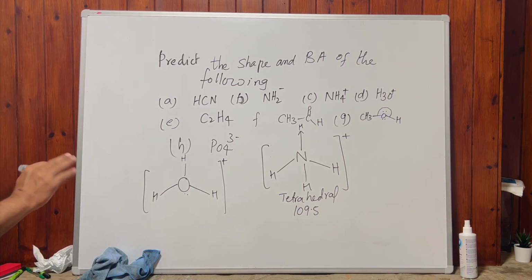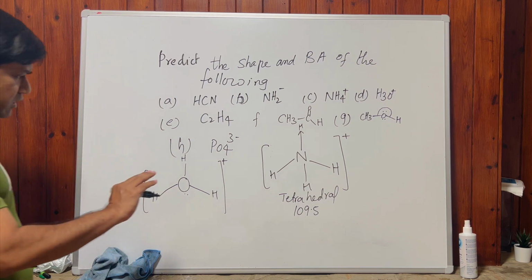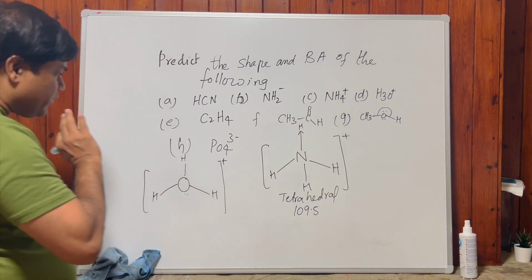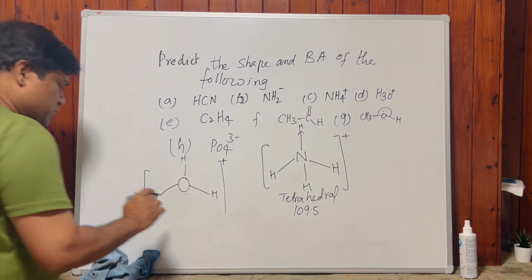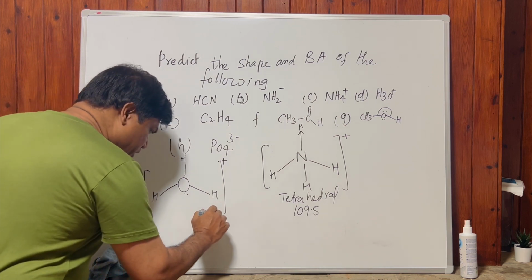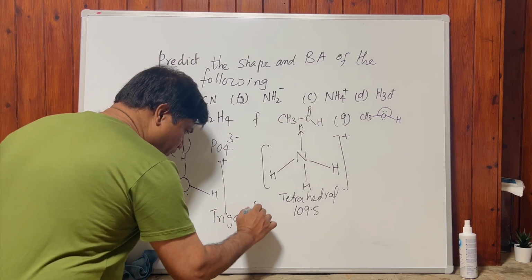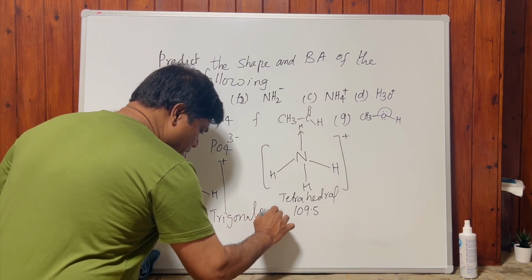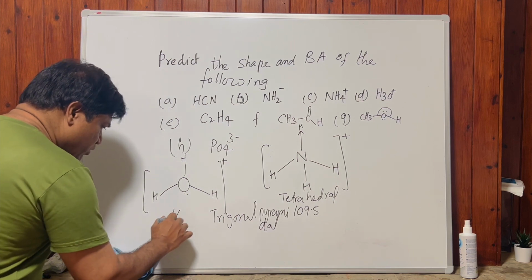The shape of the hydronium ion is closely related to ammonia. I'm talking about the shape, guys. So three bonded pairs of electrons and one lone pair. Trigonal pyramidal, and the bond angle is 107.